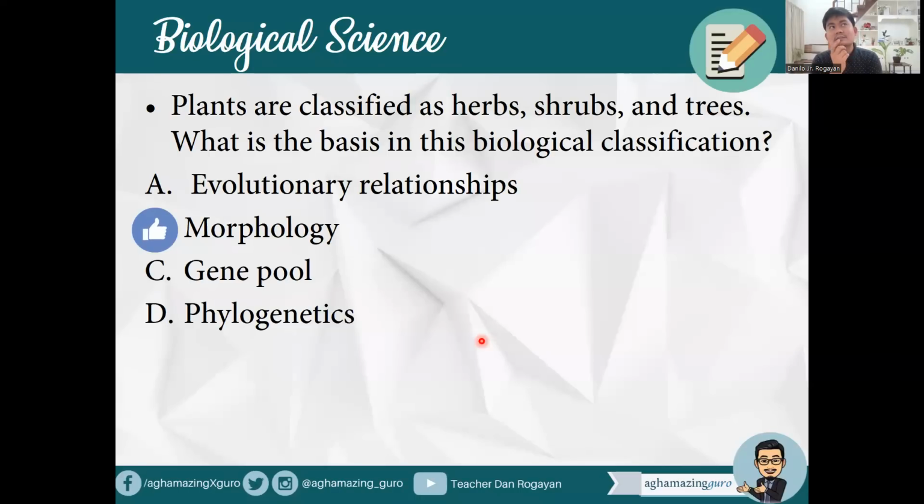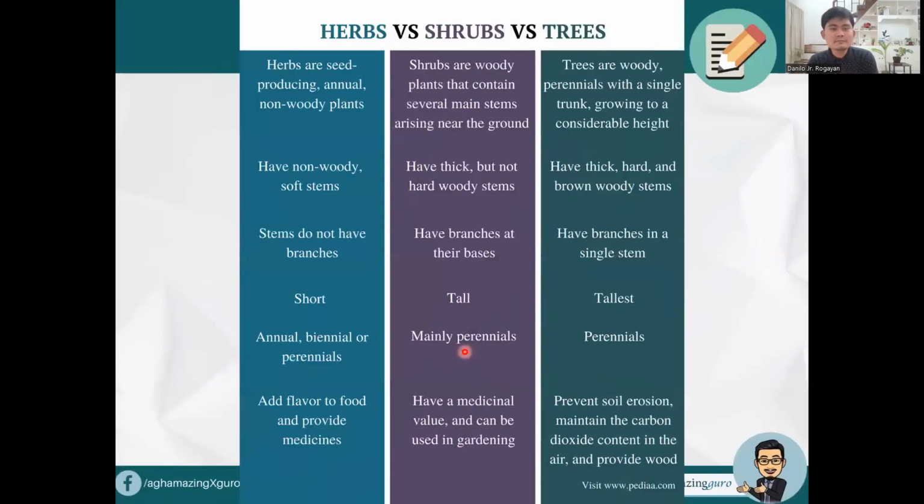How about Cocos nocifera? What is the classification? What is Cocos nocifera? It's actually the coconut. Tama ba? Yes, all right. So, tree of life. So, Cocos nocifera or coconut is considered as a tree. Okay? So, herbs, shrubs, trees.